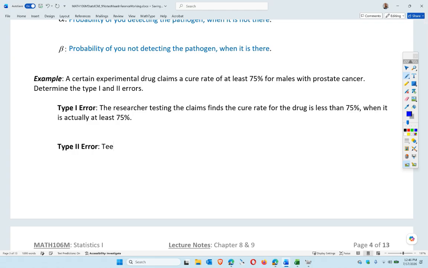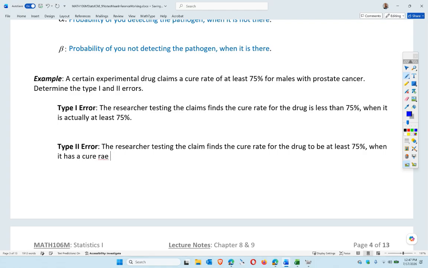Conversely, the researcher testing the claim finds the cure rate for the drug to be at least 75% when it has a cure rate of less than 75%.